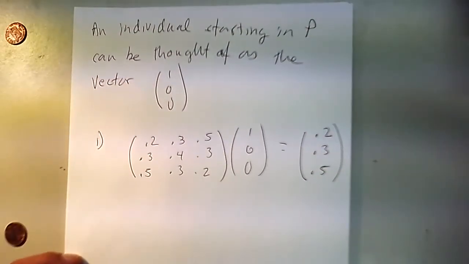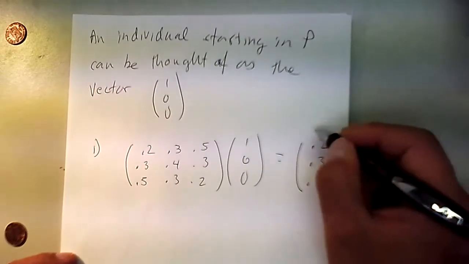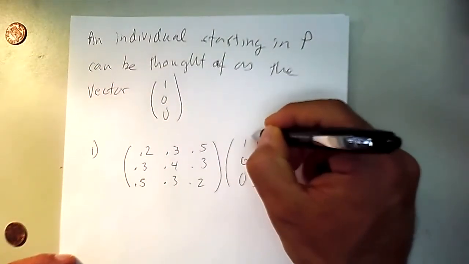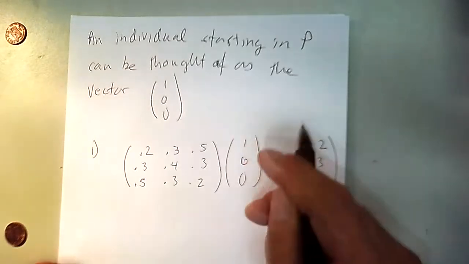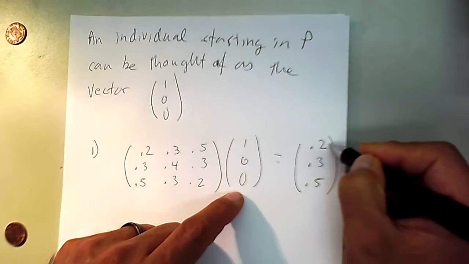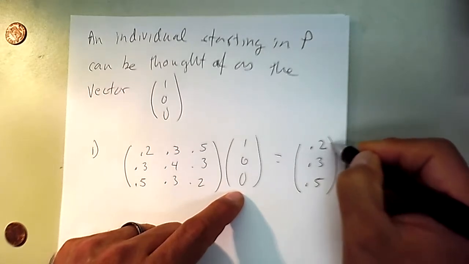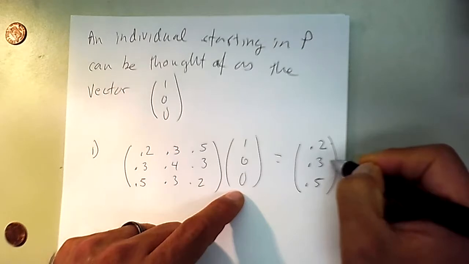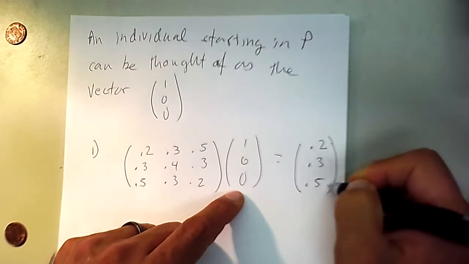So actually that is telling us that if an individual starts at location P, the probability that that individual ends in location P is 20%, in location Q is 30%, and in location R is 50%.